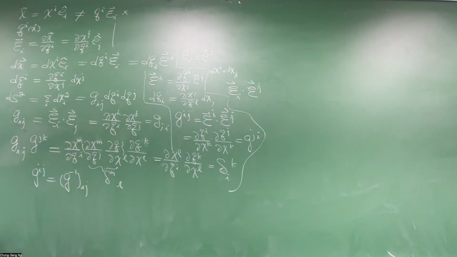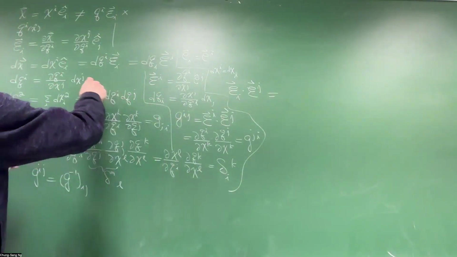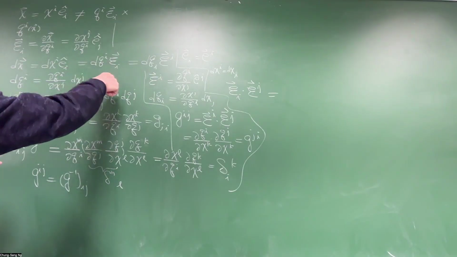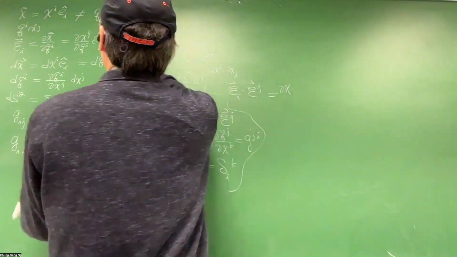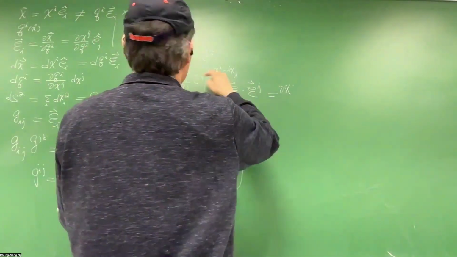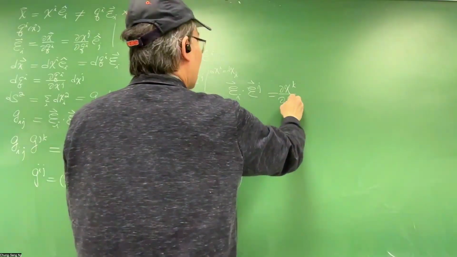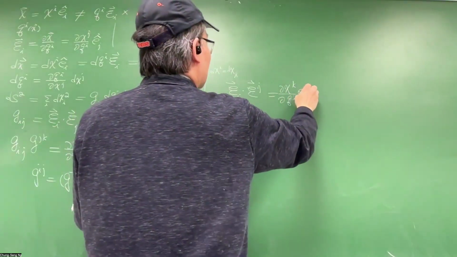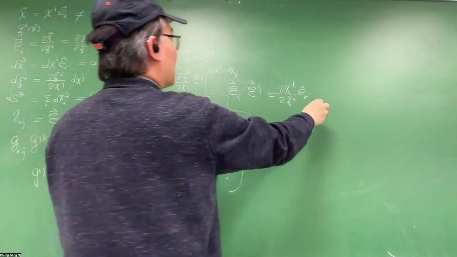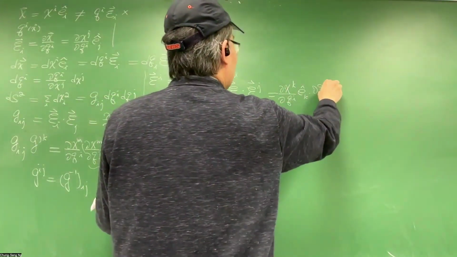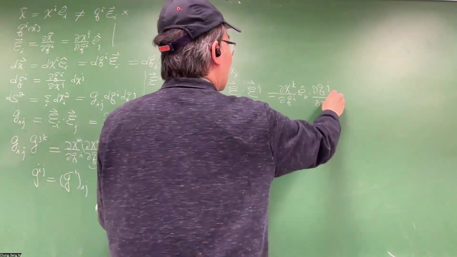And you see that by substitution of the definition, this one is partial x_k over partial qi times e_k, and dot into this one, this definition, partial qj over partial x_l, times e_l.